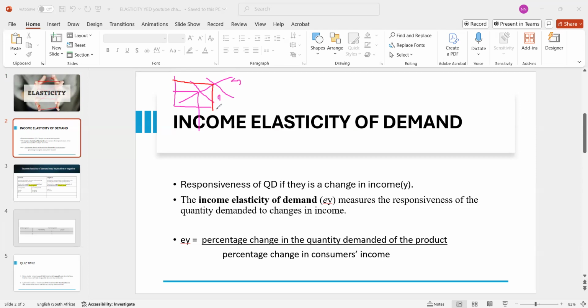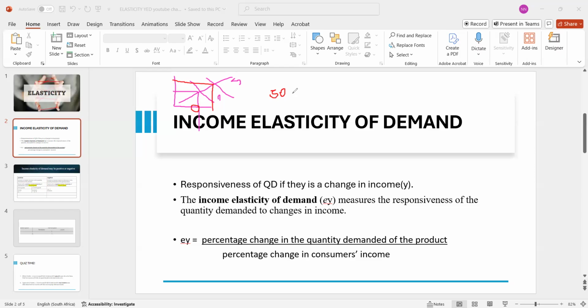You understand? And then the question now, since we're doing the income elasticity of demand, is by how much will the quantity demanded change due to a change in income? Remember, when the income of the consumers was 50 Rand, the quantity demanded was this quantity here.